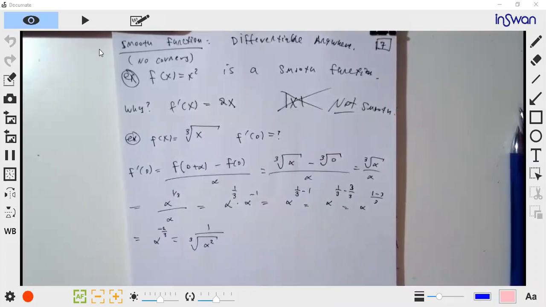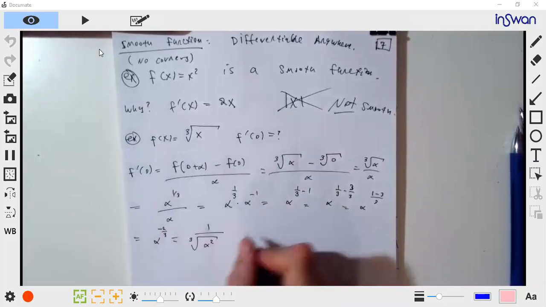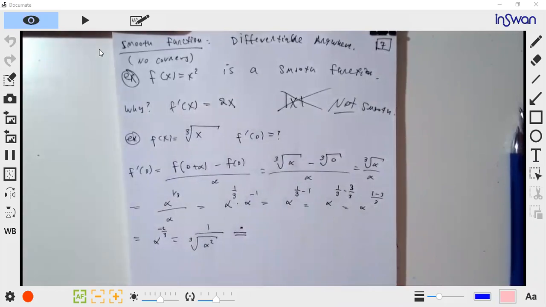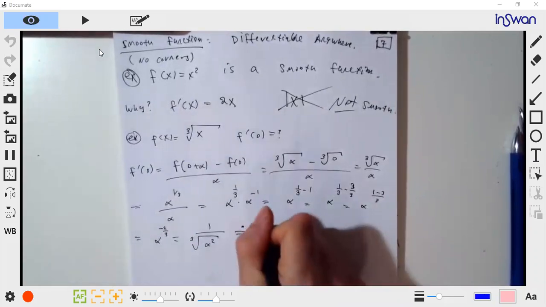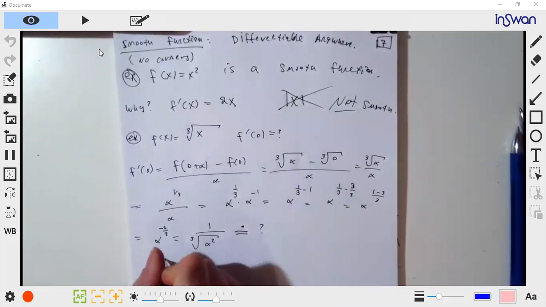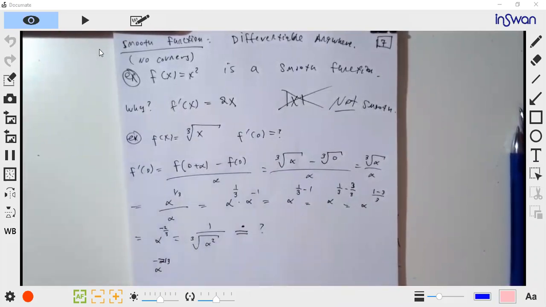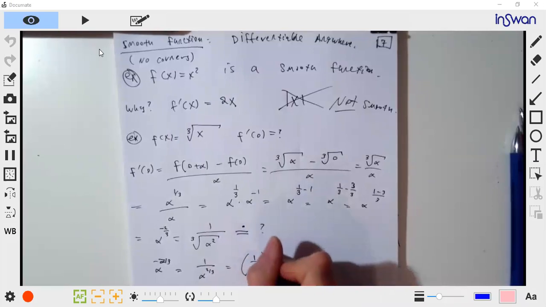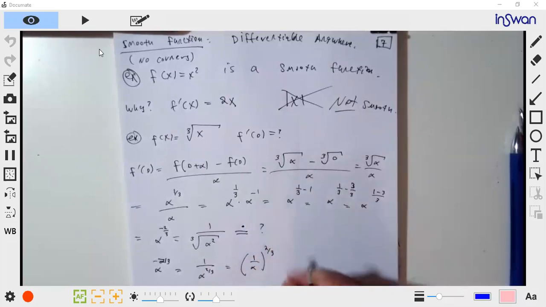Okay. Now, when we render the real result, what do we get? We notice that alpha to the -2/3 is the same thing as 1 over alpha to the 2/3 power.